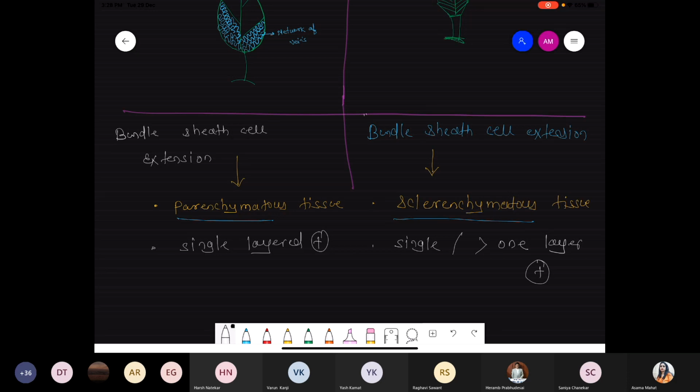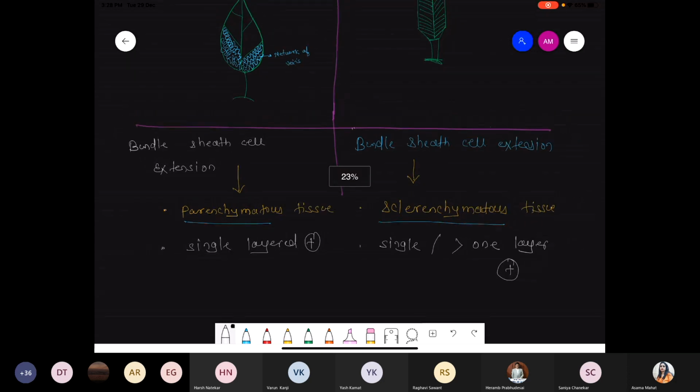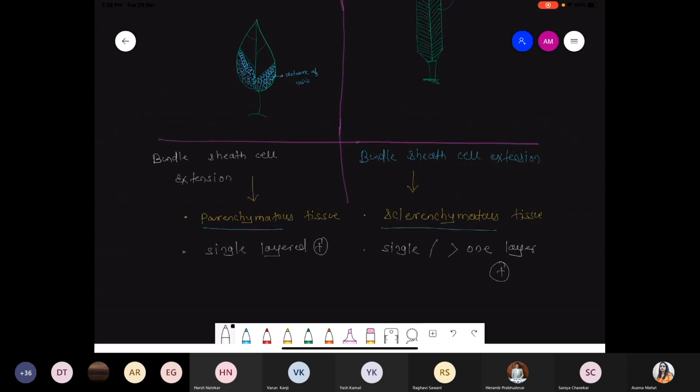So what is the meaning of bundle sheath cells, spongy cells, palisade cells? All this we'll discuss in the next class in diagrammatic representation, because we are taking only one diagram. Most questions don't come from here, because whatever questions come from the leaf are about the stomata part, and about mesophyll cell differentiation, spongy cells and palisade cells. So we'll see that part in the diagram.